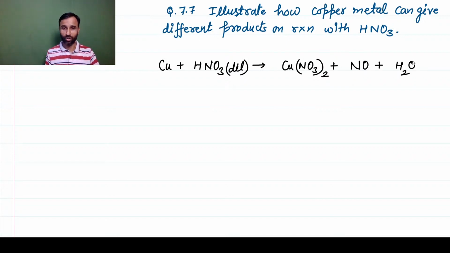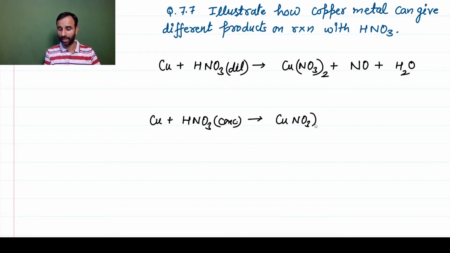We get nitric oxide. And if copper is mixed with concentrated nitric acid, then we get copper nitrate along with NO2 and H2O. So just balance it.